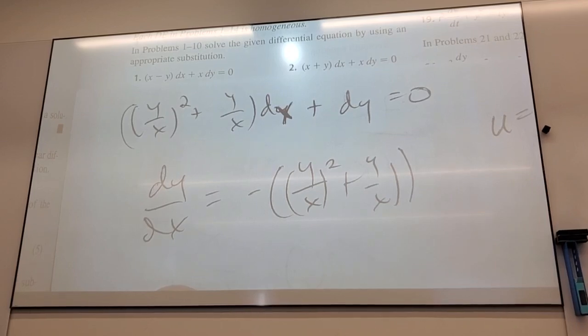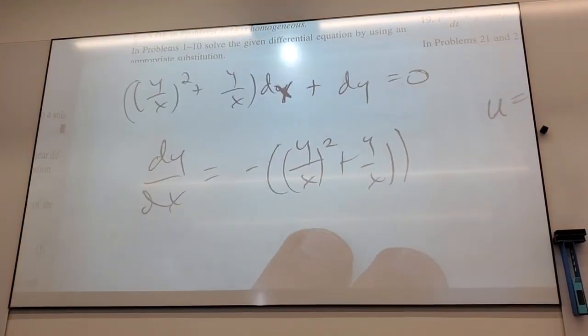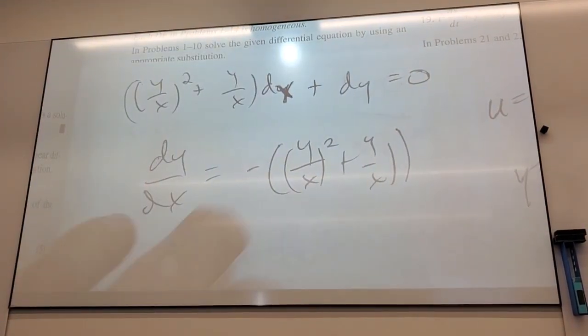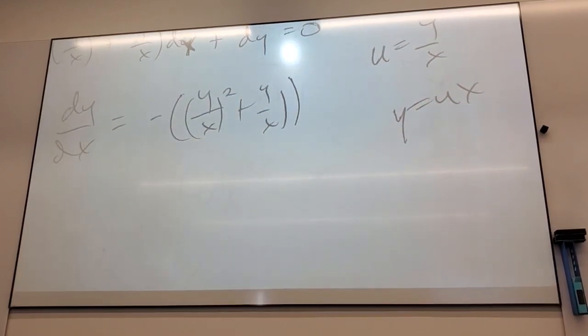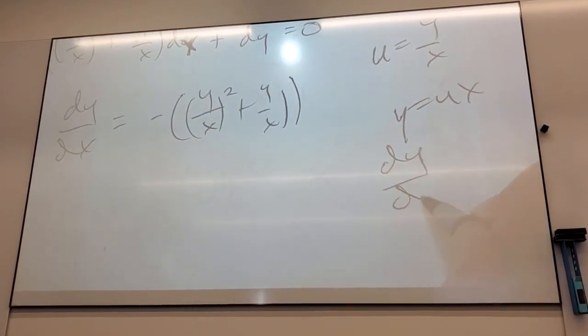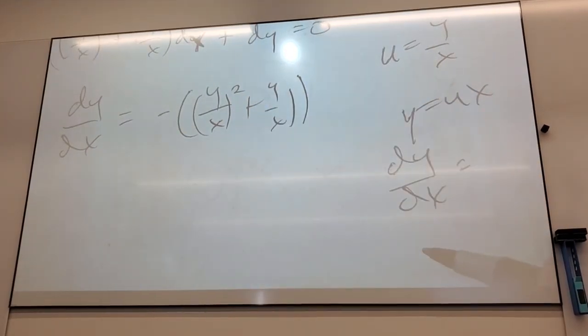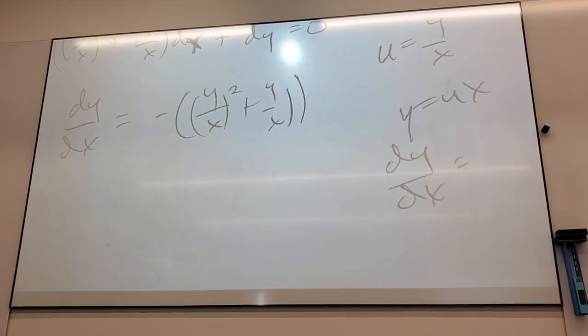Subtract the dy, divide by dx, put the negative on the other side, is that all right? So if u is y over x, y is ux, yes? You guys with me? And then it's just a question of what's dy dx, and I can replace it, yes? The way that most substitution methods work.